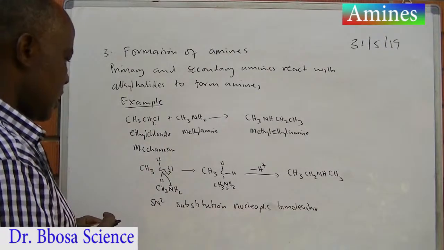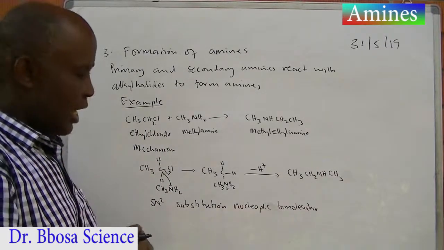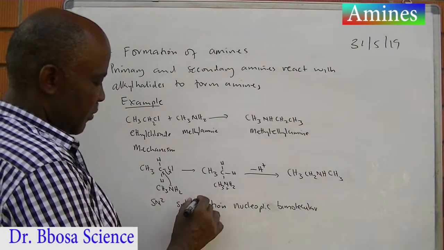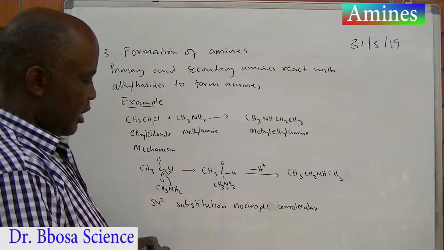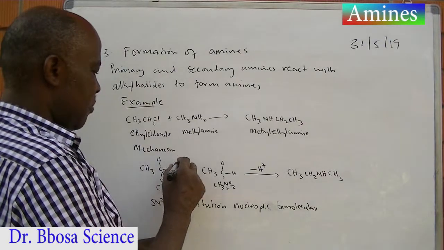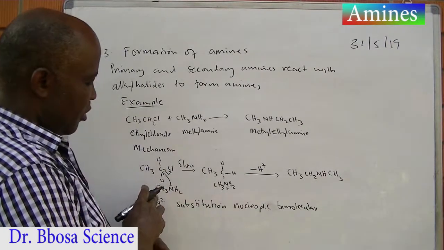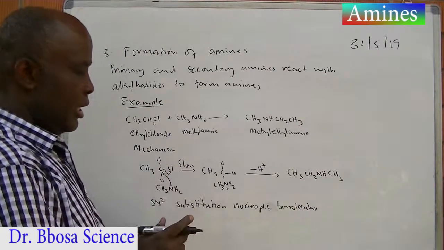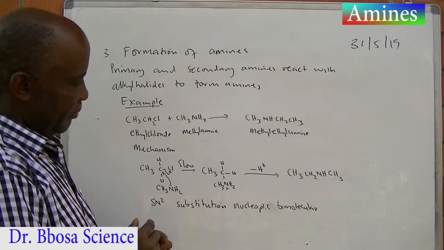Primary alkyl halides undergo SN2, substitution nucleophilic bimolecular. The slow step involves two molecules, the alkyl halide and the amine.